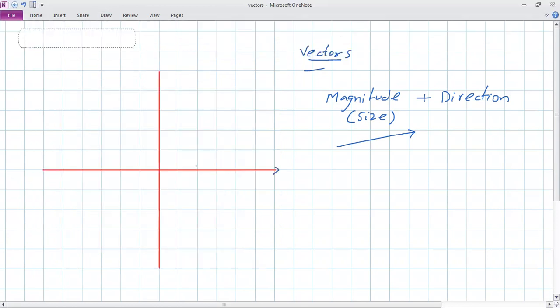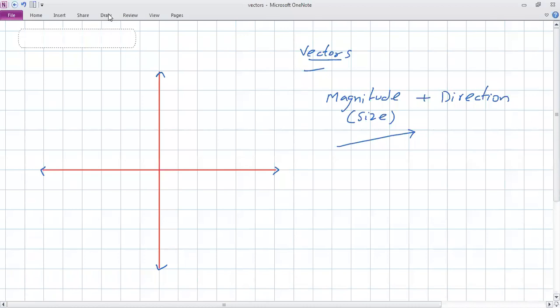If we move to the right side horizontally, we take x as positive. If we move upward, the move is positive. If we move to the left side, the move is taken as negative. If we move downward, the move is taken as negative.